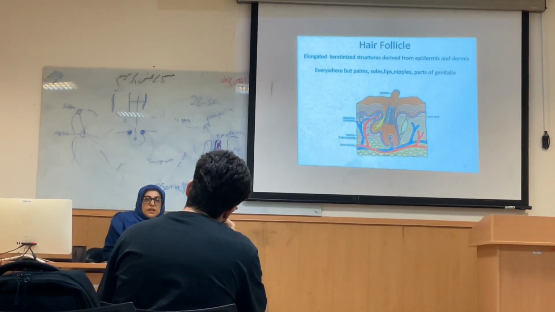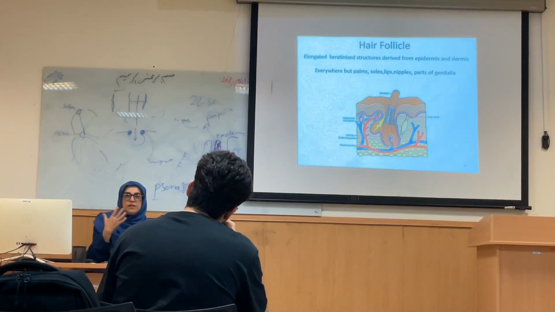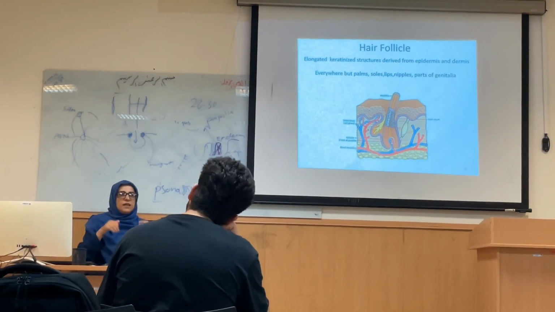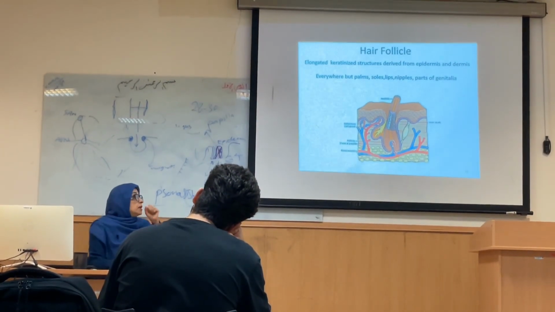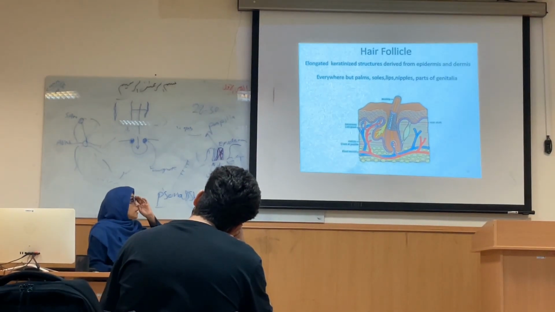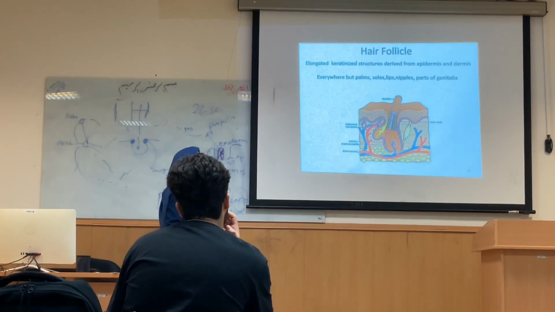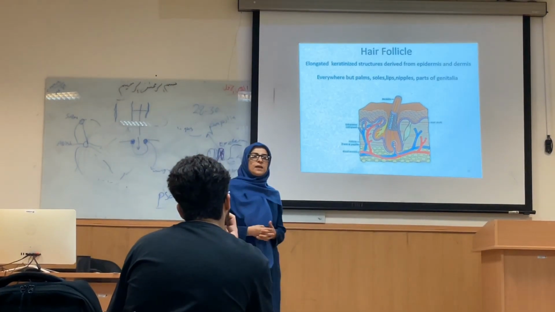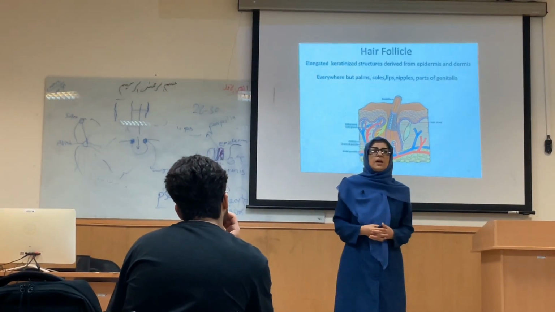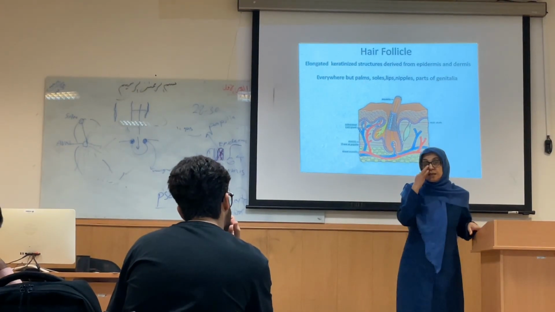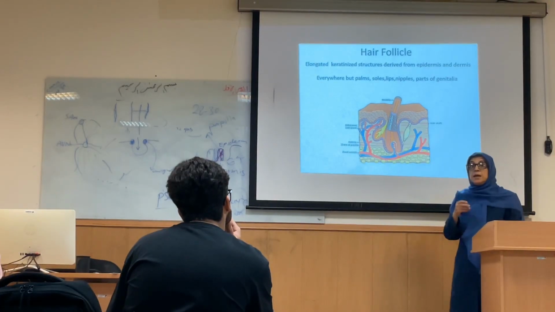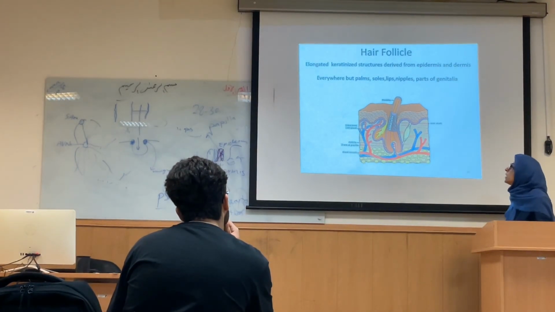And another thing: because of the different functions of thick and thin skin, thin skin covers most parts of our body and has some specific structures. One of them is the hair follicle. Our hairs are elongated keratinized structures that derive from the epidermis and hypodermis.